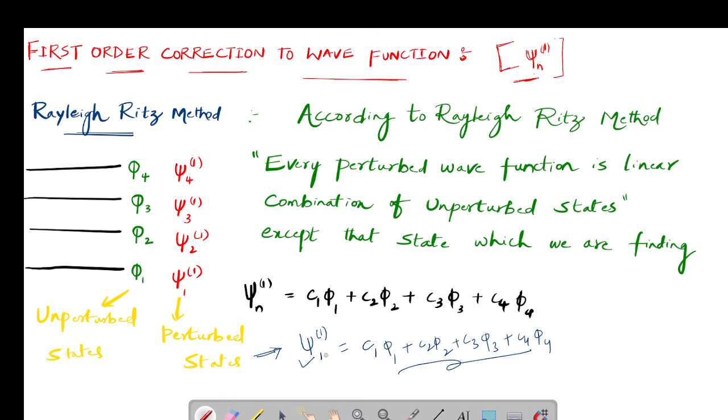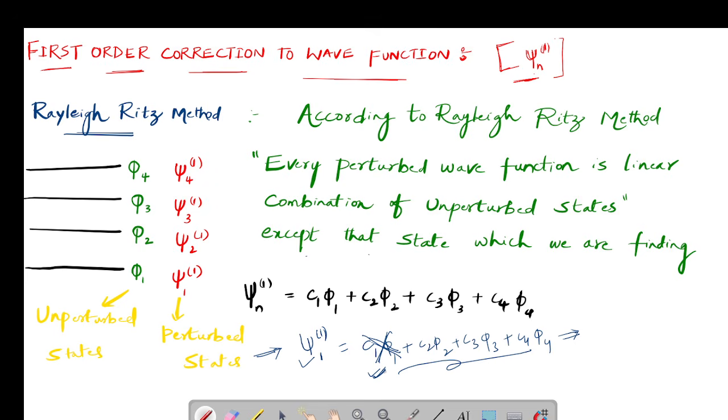But he says, except that state which we are finding. If you are finding psi 1 of 1, then we need to take out C1 phi 1. We need to neglect this C1 phi 1. The linear combination of C2 phi 2, C3 phi 3, C4 phi 4 we have to include, except the state which we are finding.